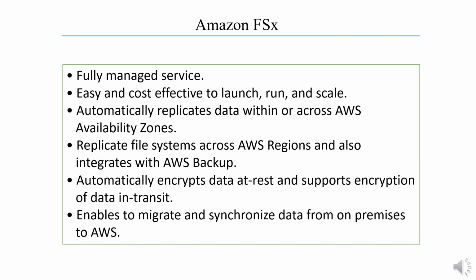It automatically encrypts your data at rest using AWS Key Management Service, AWS KMS, and also supports encryption of data in transit. FSx enables you to migrate and synchronize data from on-premises to AWS and makes it immediately available to a broad set of integrated AWS services.